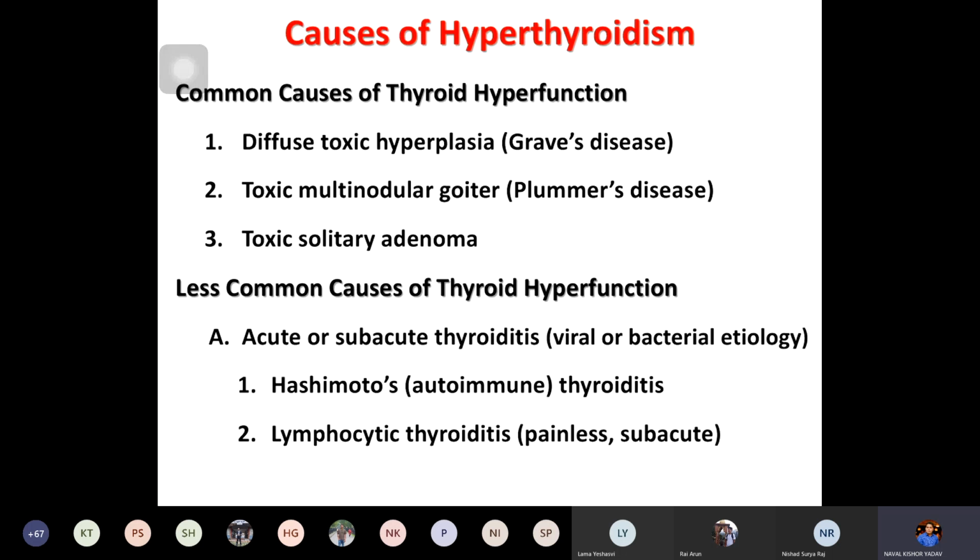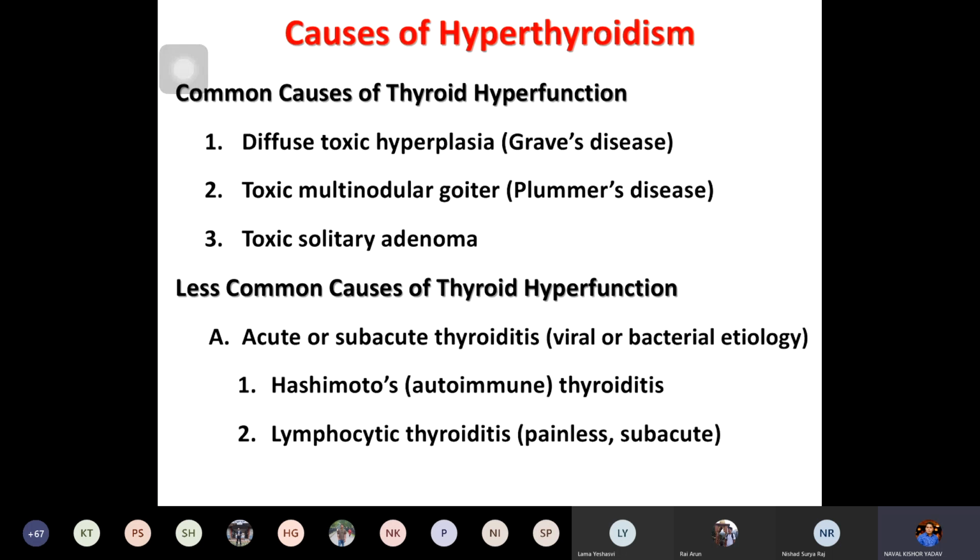The common causes of hyperthyroidism are Graves' disease, also known as diffuse toxic hyperplasia. Graves' disease is an autoimmune disease which causes hyperactivation of the thyroid gland, producing more thyroid hormones.